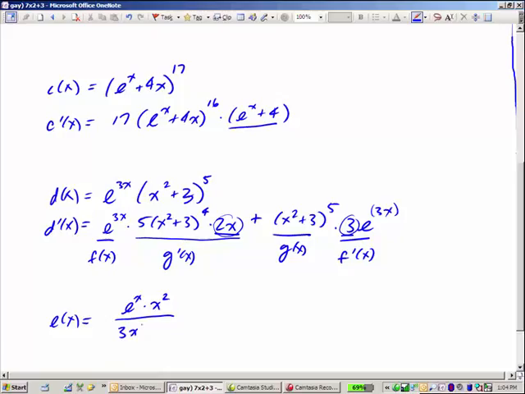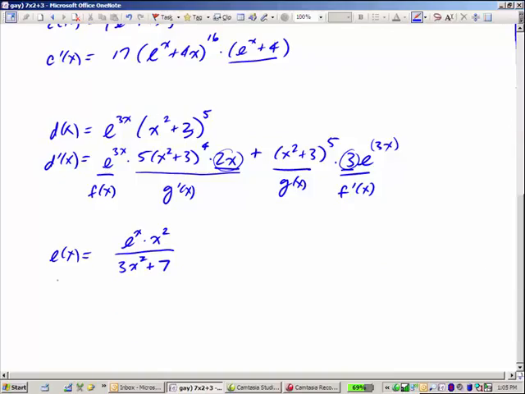Alright, let's piece this one out. Who wants to try it? I will. Considering the quotient, it's the quotient rule.